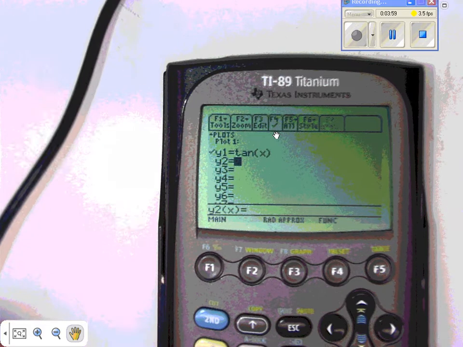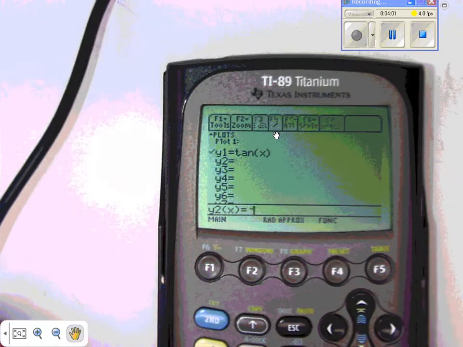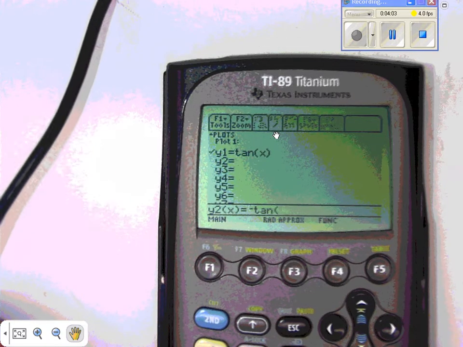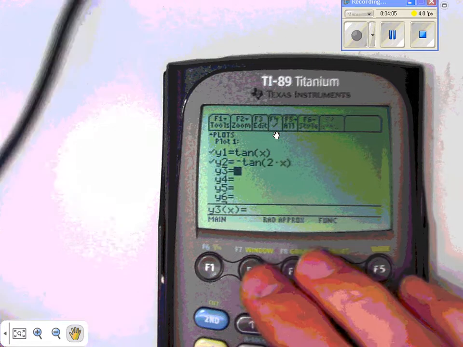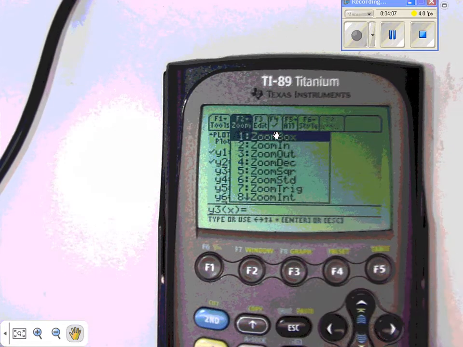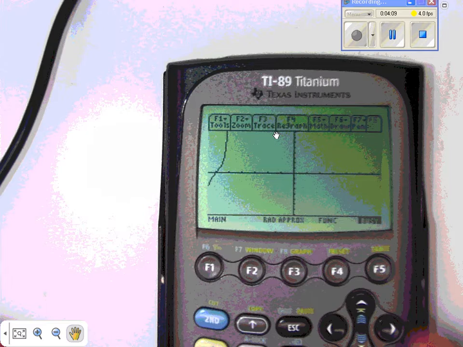And then the other one is negative tangent 2x. Okay, and then we're going to go zoom trig. So each cut here, zoom trig, is pi halves.